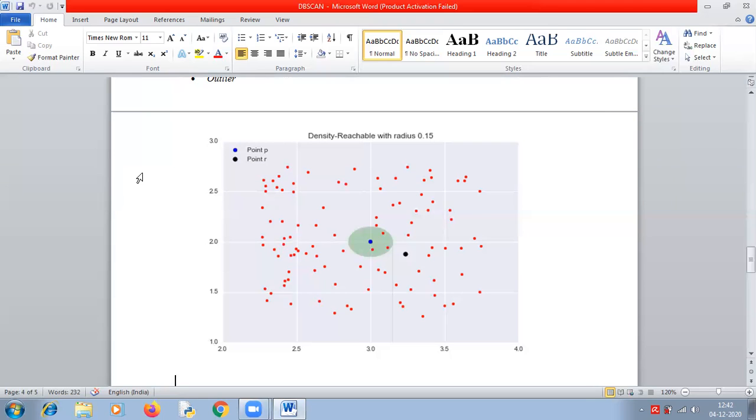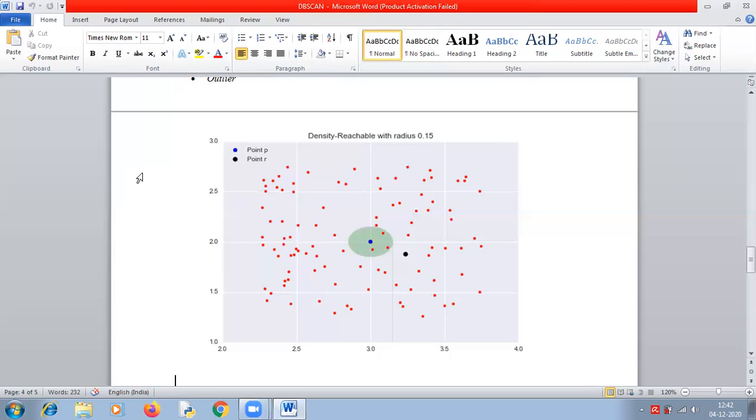Because the point P's neighborhood has only 3 points. So all the points inside point P's neighborhood are said to be directly reachable from P. So you can directly reach those 3 points from P, correct?